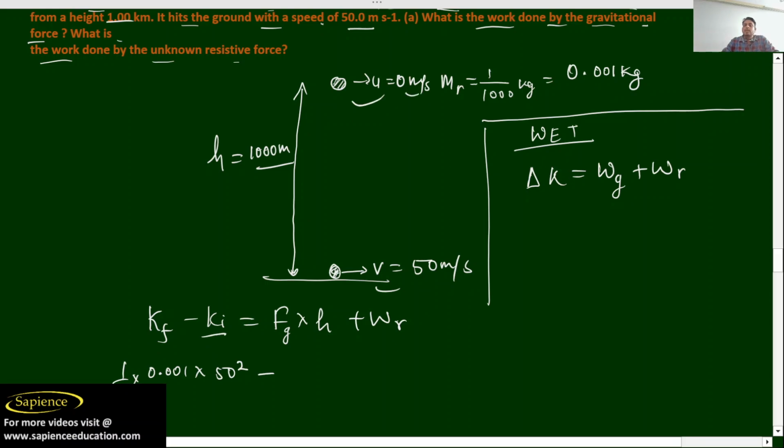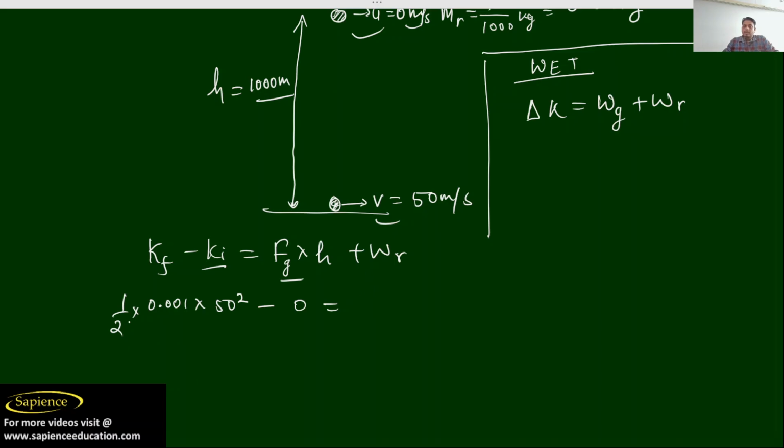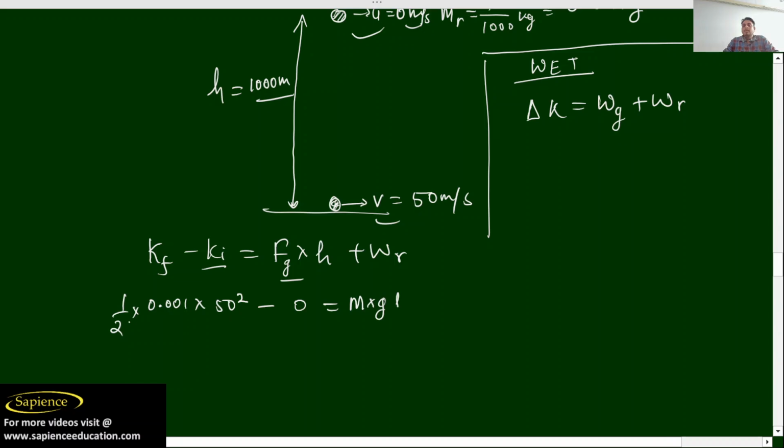Since the body is at rest, initial kinetic energy will be 0. This is equal to force due to gravity, which is m into g, into h, plus Wr.